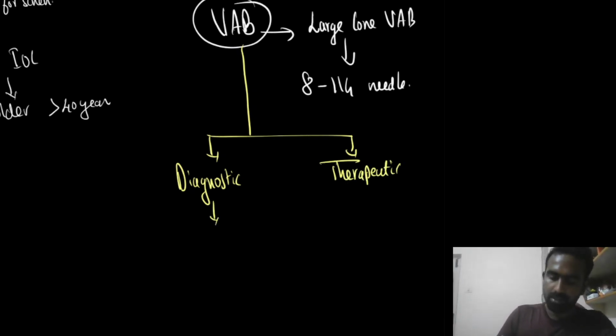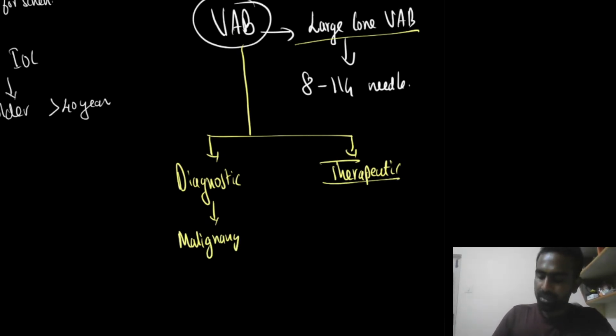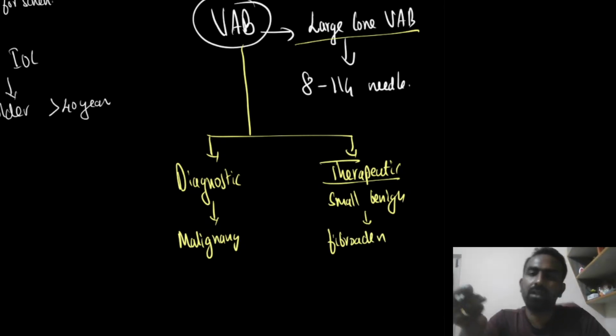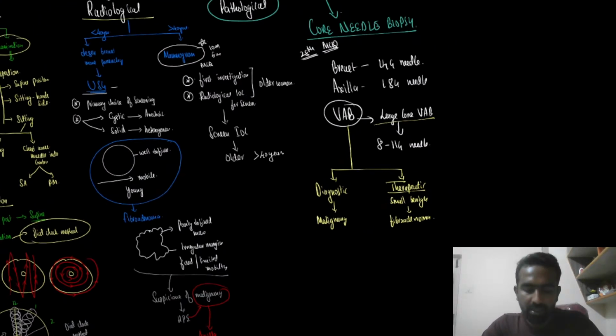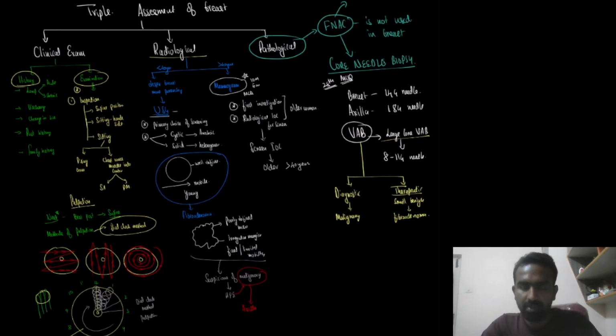Diagnostic in cases of malignancy, as we discussed, and therapeutic in small benign lesions like fibroadenoma, where a small 2 mm incision is taken and the whole fibroadenoma is aspirated using vacuum. So this is about triple assessment.